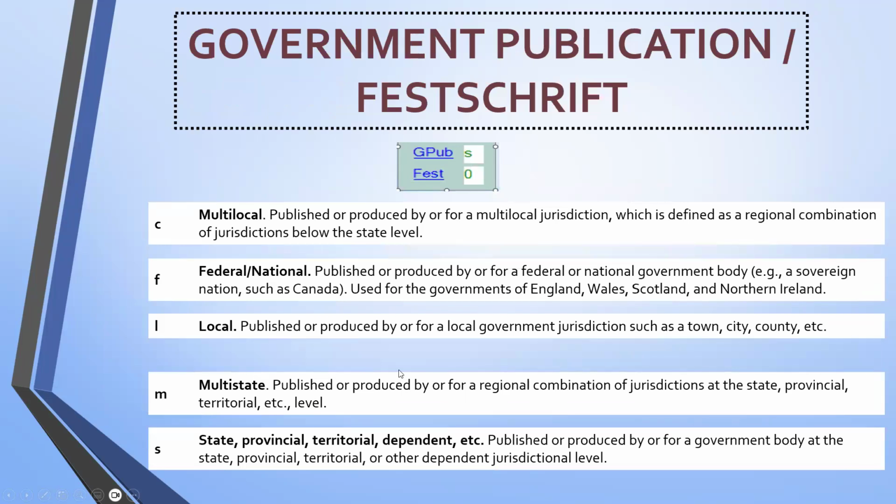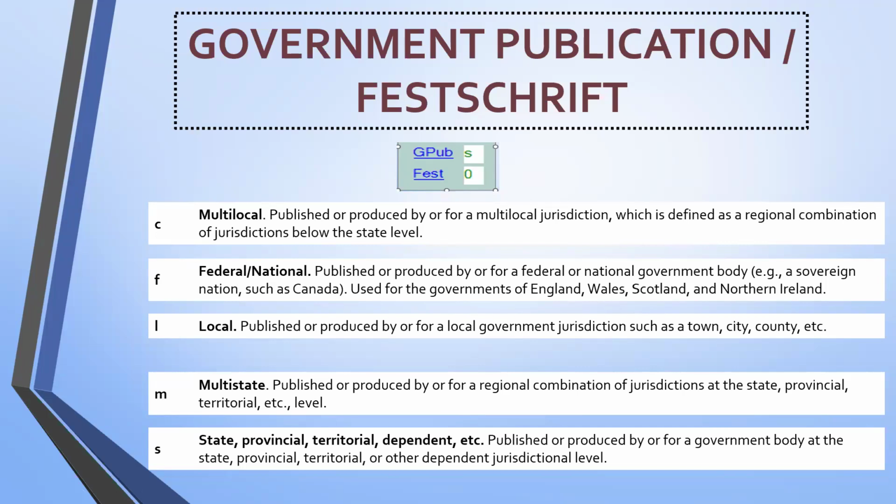All right, government publication. I think this is kind of my favorite part to look at. So there's multi-local, which is multi-local jurisdiction, federal, national, local, multi-state, or state, provincial, territorial, dependent, etc. Most of the documents that I catalog are either state or federal, but I've had occasion to use others, such as M for multi-state.